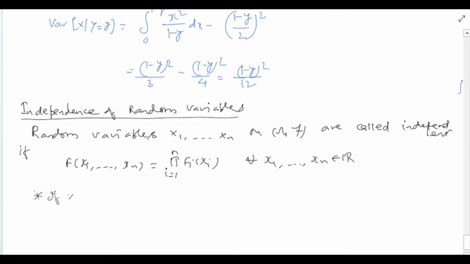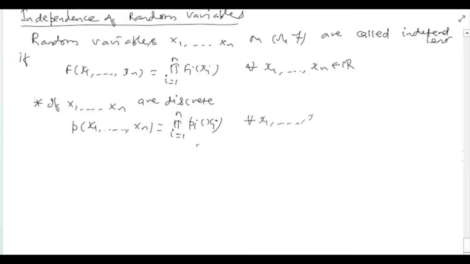If the random variables x1 to xn are discrete, then an equivalent definition of independence is that these random variables are independent if their joint probability mass function is the product of marginal probability mass functions. That is, if p x1 dot dot dot xn equals the product over i equals 1 to n of p i xi for all x1 dot dot dot xn in R. Similarly, if these random variables x1 to xn are continuous, then we also have an alternate definition of independence.